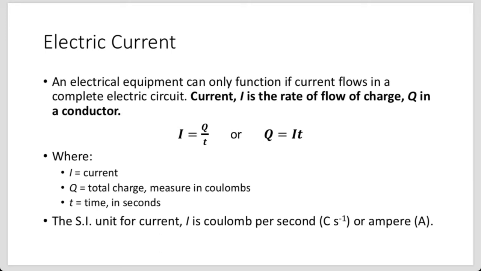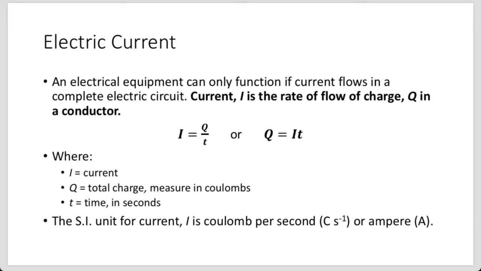Or what is current? Or how do we define electric current? So current, and we use the letter I as the physics symbol. I equals Q over T. Now, what we learned in Form 1 is that I equals voltage divided by resistance. That is still correct, but that's only in relation to voltage and resistance.